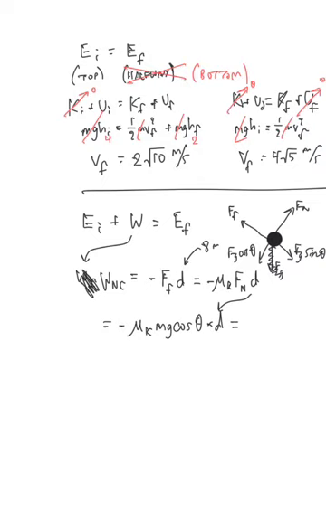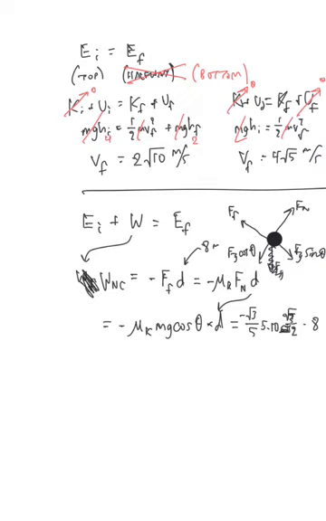We know the mu k was root 3 over 5. We know the mass of the box was 5 kilograms. The gravity is 10. The angle was 30 degrees, so cosine of 30 is root 3 over 2, times the distance, which is 8.